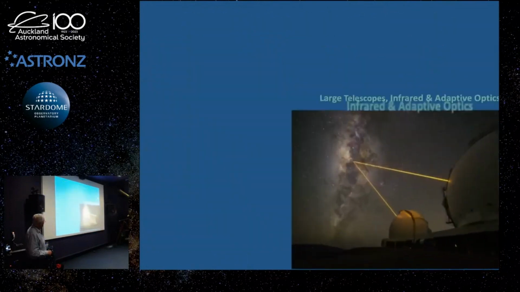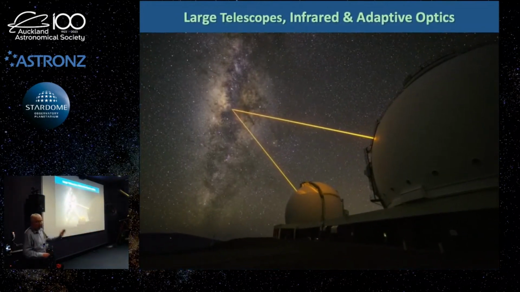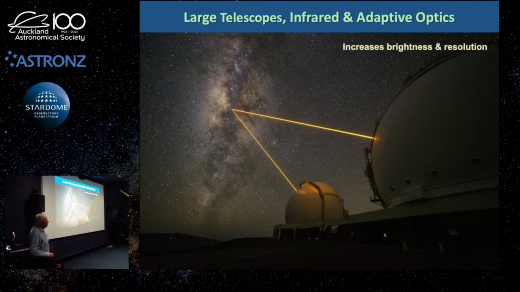What was that technology? Three things gave them the tools to find out what was going on from this radio source in Sagittarius A*: large telescopes, infrared astronomy, and adaptive optics. We're going to look at each of these shortly. So let's have a look at them. First of all, large telescopes. A whole new generation of large telescopes, such as the Keck 1 and 2 observatories here, with 10-metre primary mirrors. 10 metres!